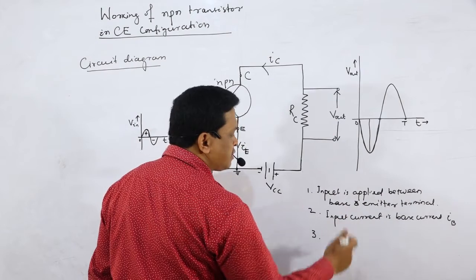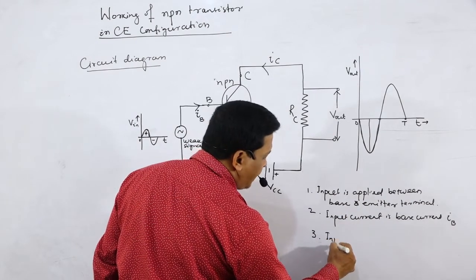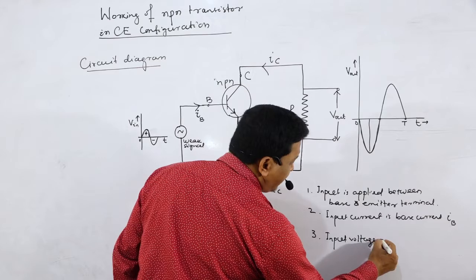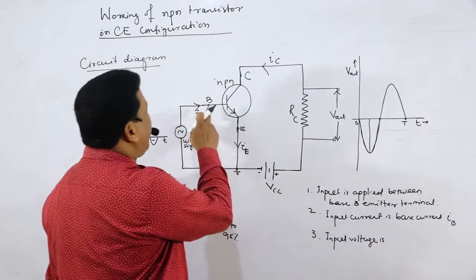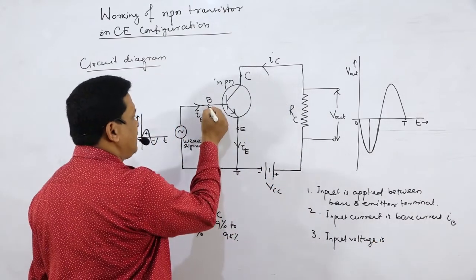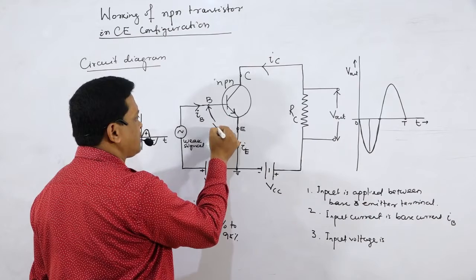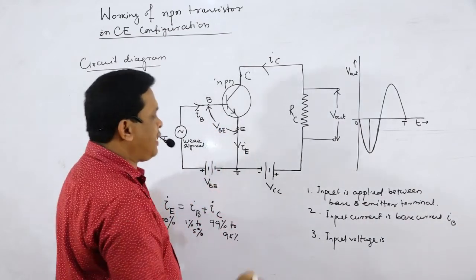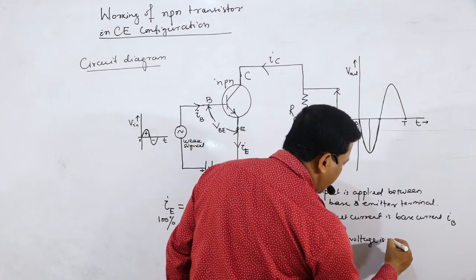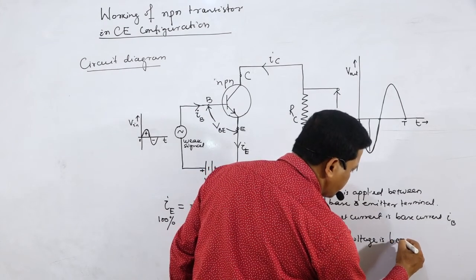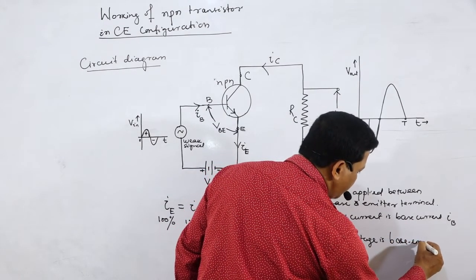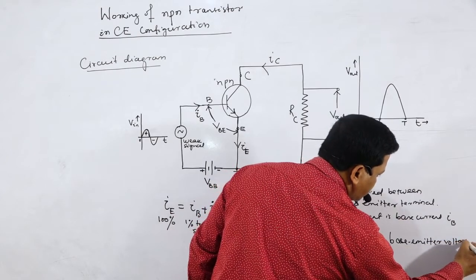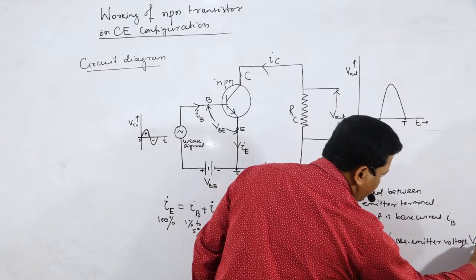Input current is base current and input voltage is base emitter voltage, VBE.